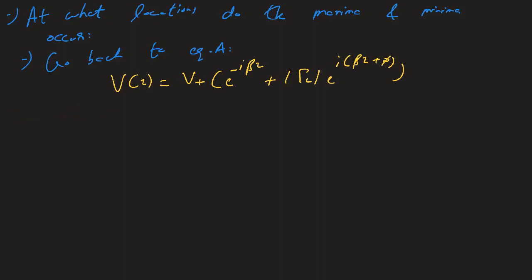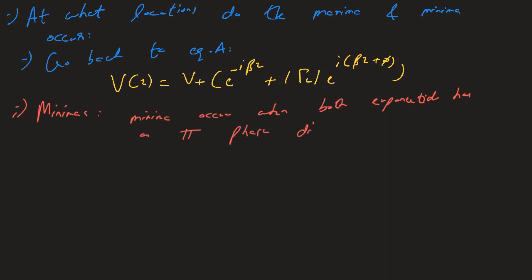So let's do the minima first. So minima occur when both exponentials have a pi phase difference between them, or an odd multiple of pi, right?